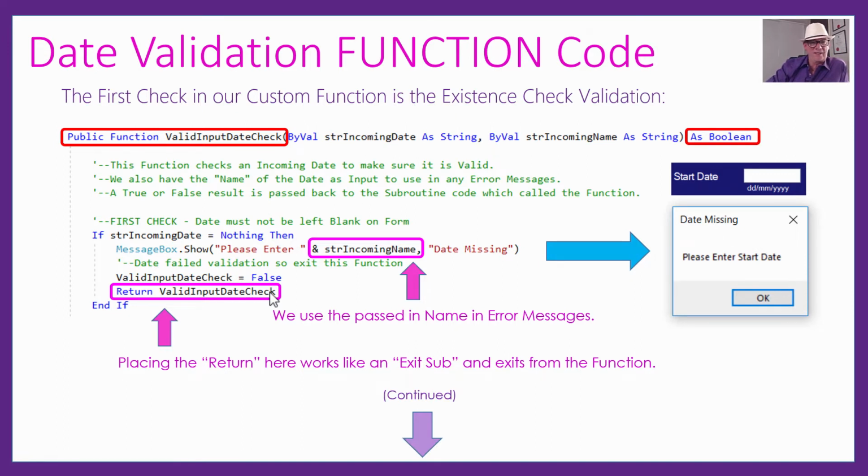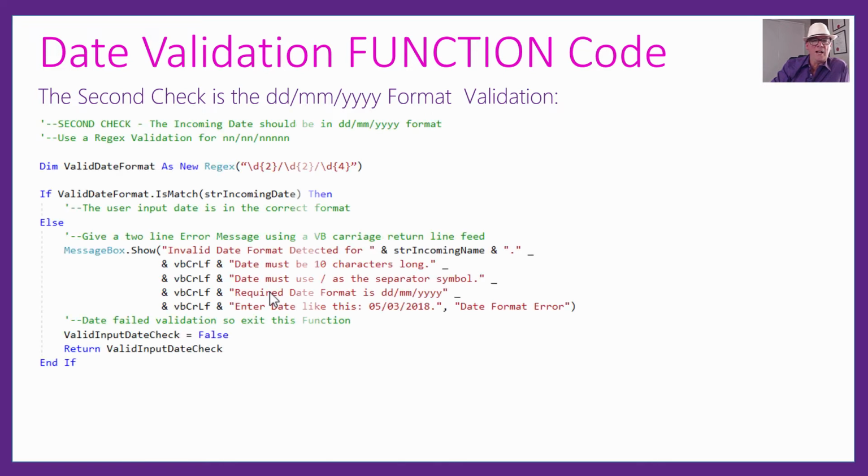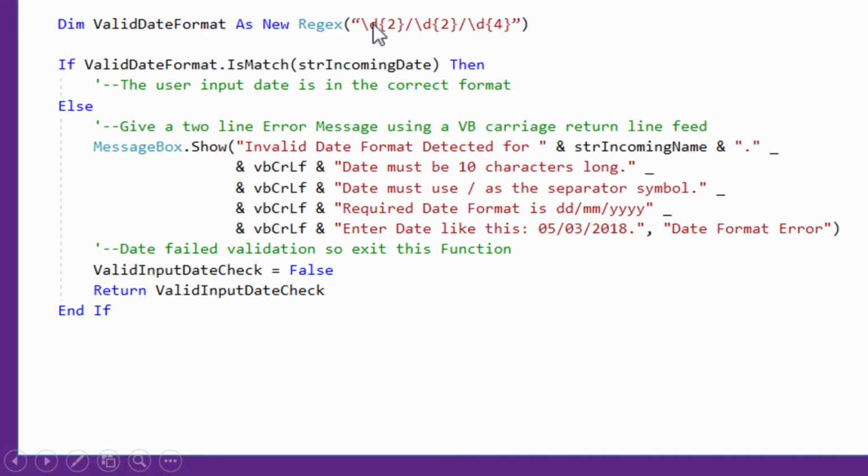And now let's move on to the second check, which was about doing some formatting. Is it in this format that's 10 characters long altogether with slashes in between them. So to do that, we use regex pattern matching, and we can set up a pattern here that we want 2 digits, then a slash. The backslash is a bit confusing; it's just a separator, so pretend those backslashes going to the left are not actually there.